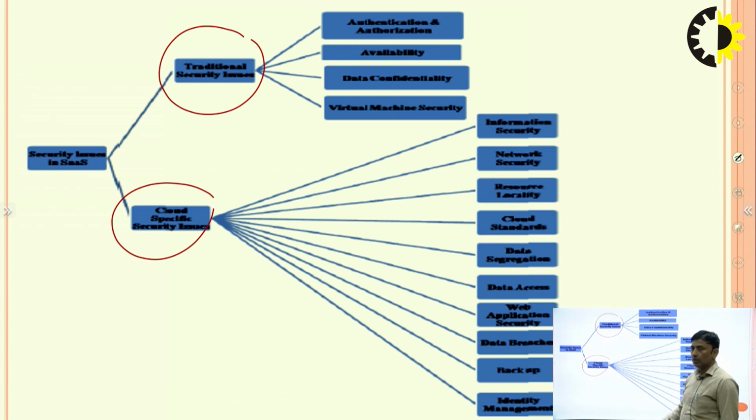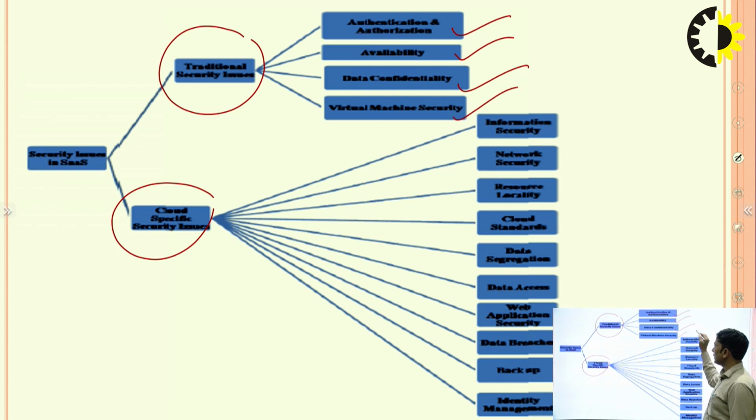First is the traditional general security issues, and the other is the specific cloud security issues that arise in the SaaS model. The traditional ones are authentication and authorization issues, then availability issues, then data confidentiality and virtual machine security issues. These are the traditional issues.